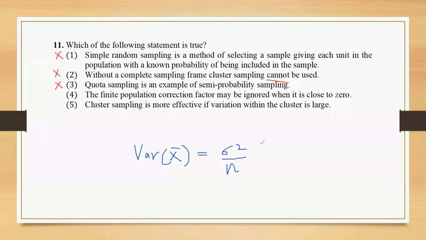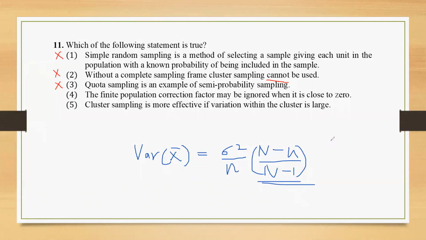In addition, if the population size is known, you can also consider the finite population correction factor, as this. This part is called the finite population correction factor.